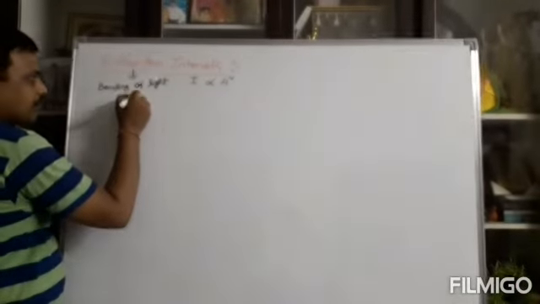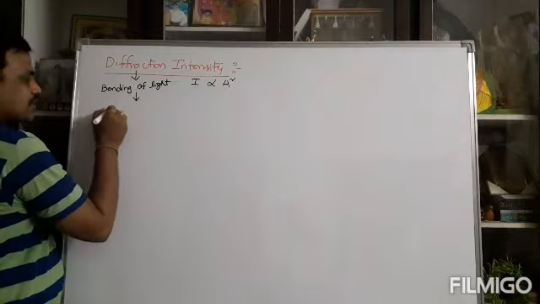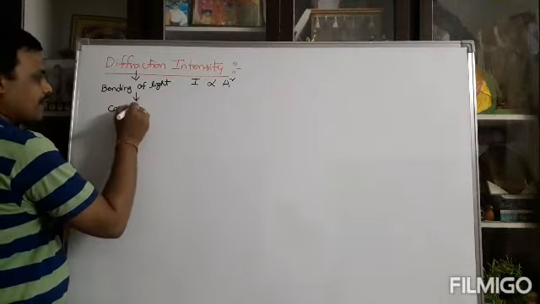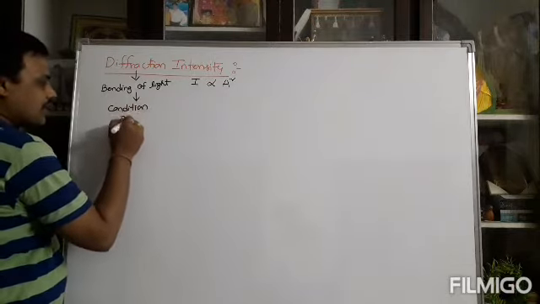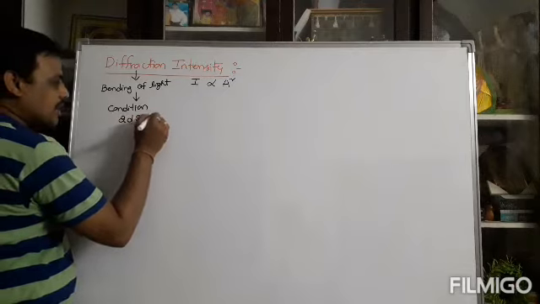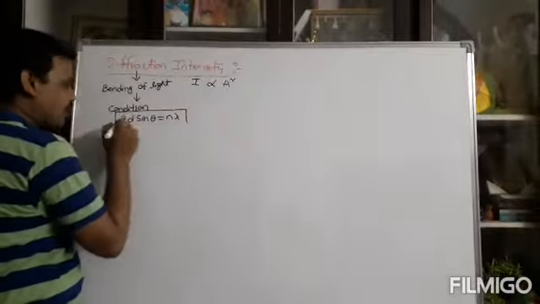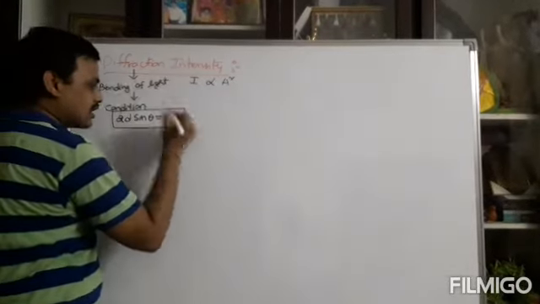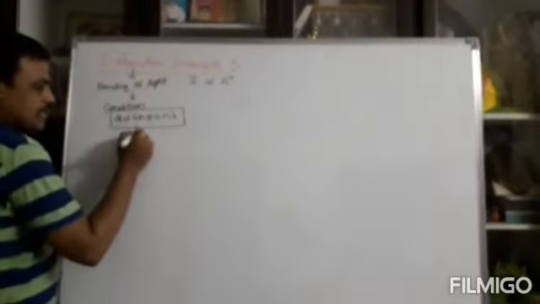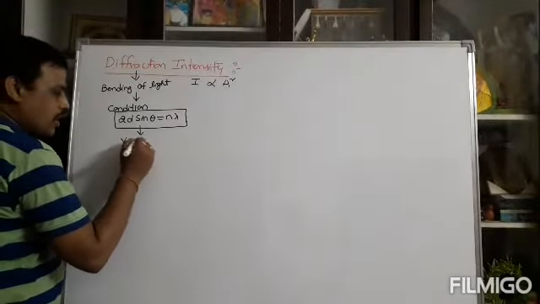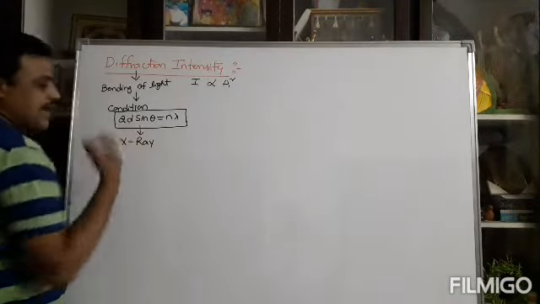According to the diffraction pattern, we follow the diffraction condition. The diffraction condition is 2d sin theta equals n lambda. This is explained based on which rays are used. We particularly use X-rays. Why?